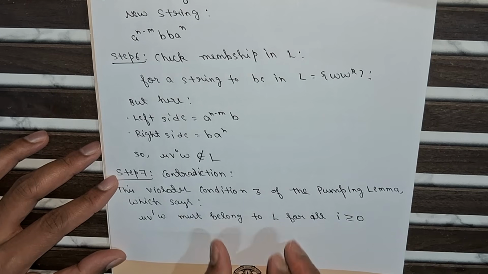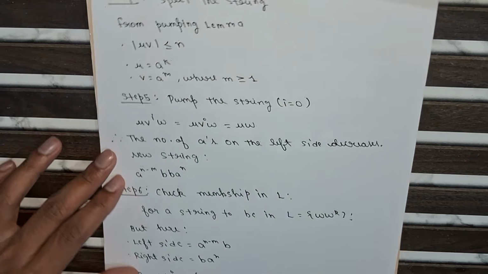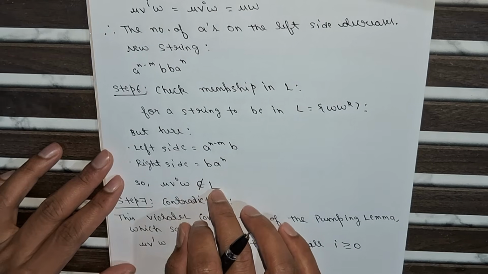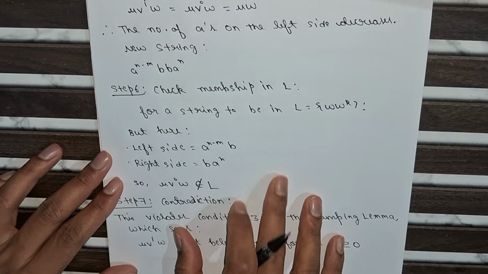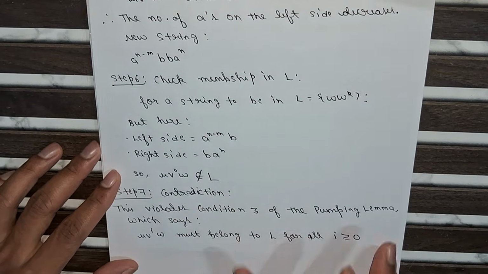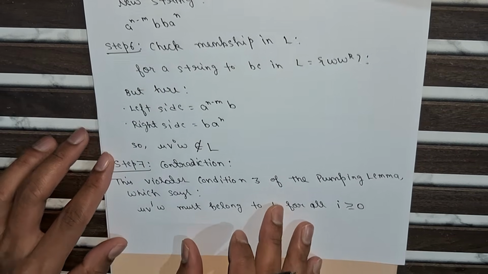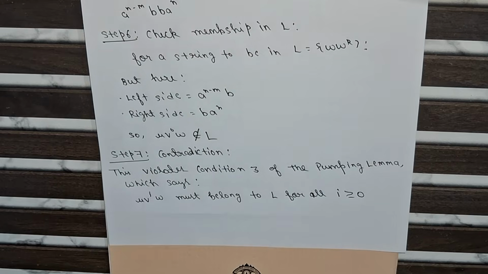Hence we get a contradiction here, because after putting i = 0, u v^0 w does not belong to the language. This contradicts the third condition of the pumping lemma. Therefore the given language is not regular.